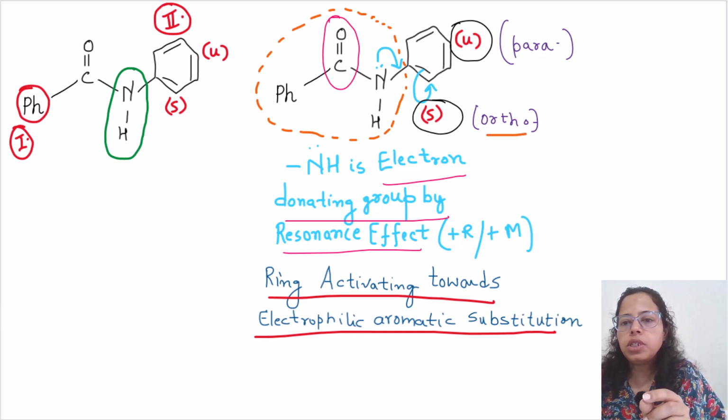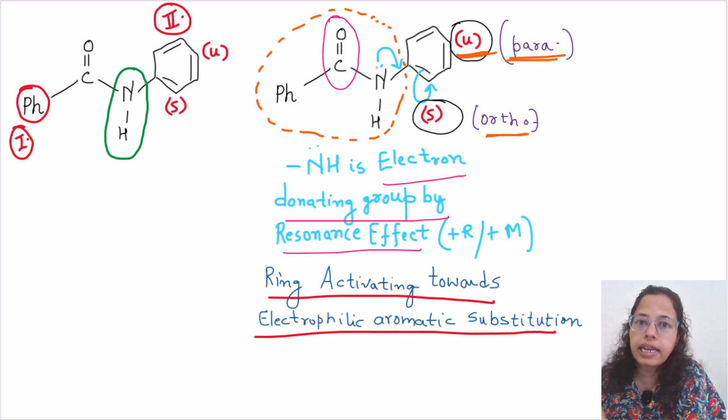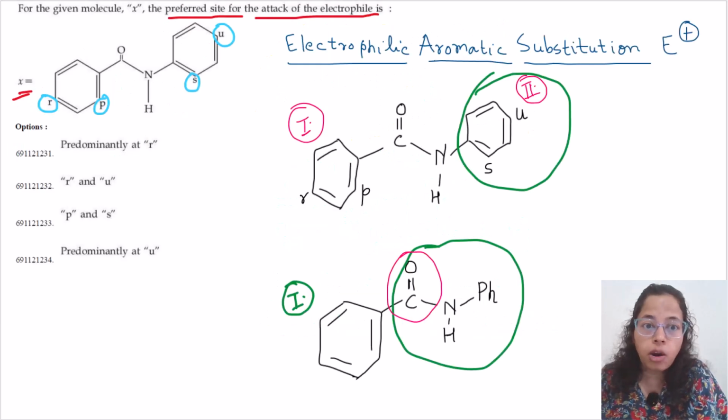So the ortho position will be the second preference. Para is quite free. There are no functional groups, no steric hindrance near the para position. So this para position, the U site, should be the most preferred site for the electrophilic attack.